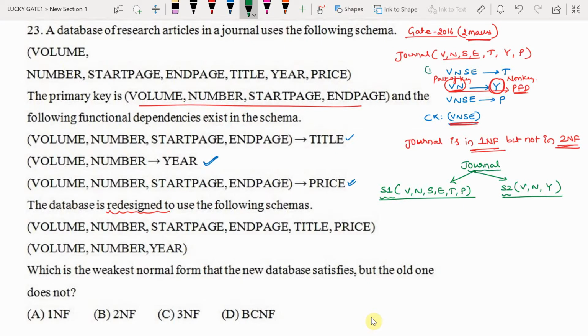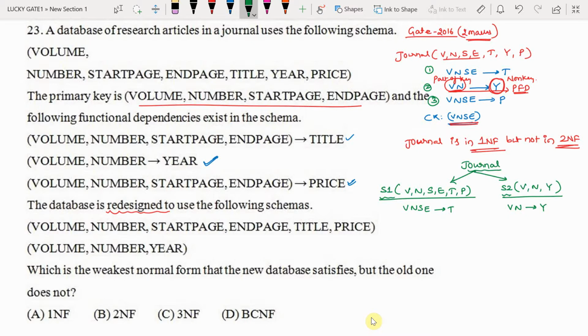Now the journal has three functional dependencies. Now we have to see in which of the schemas these three are satisfied. The first dependency, volume, number, start page, end page to title, is satisfied in schema 1 because all 5 attributes are there in schema 1. And the second dependency, volume, number to year, is satisfied in schema 2 but not in schema 1. Why?